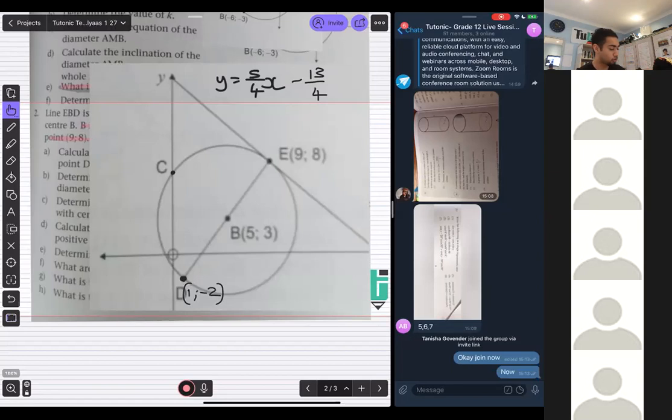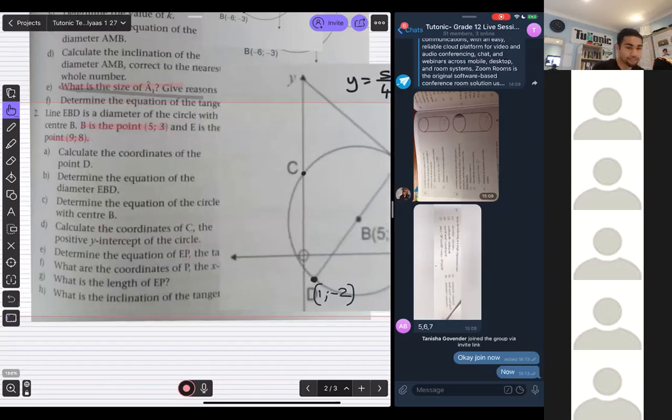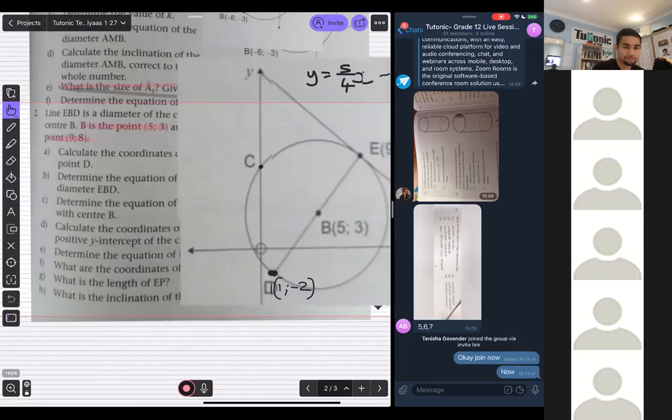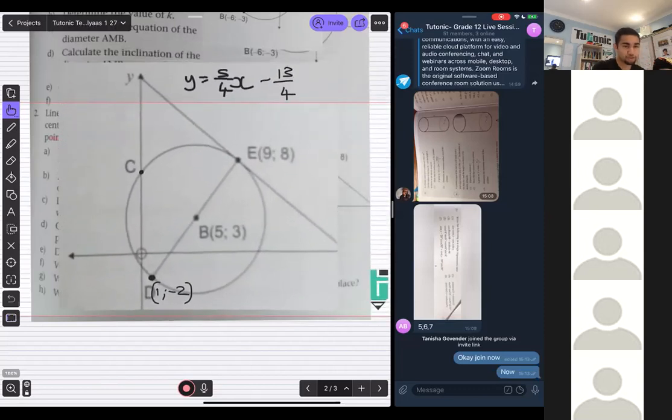But also looking at the circle, how many y-intercepts are there? 2, one by D and one by C. So if you make x naught, the equation doesn't know which one you want, so it's going to give you both. That's why the question says positive y-intercept, because it's telling you there are 2 y-intercepts.